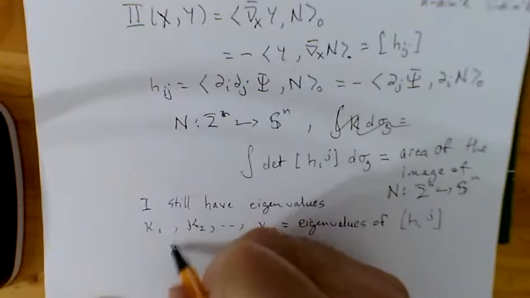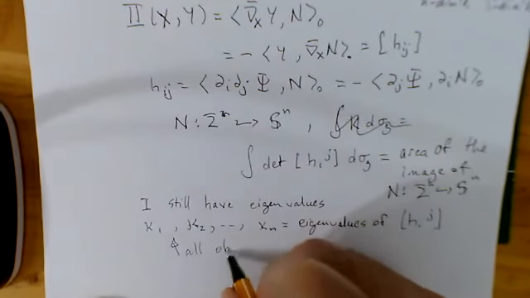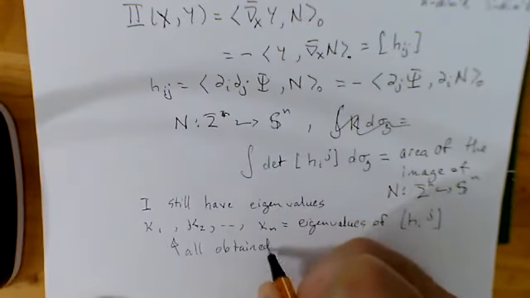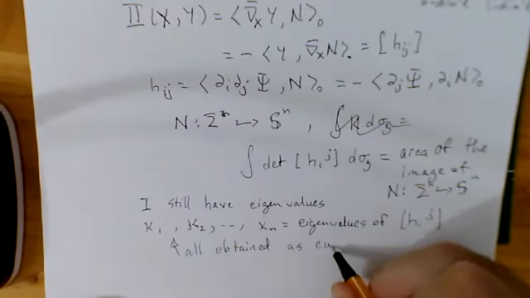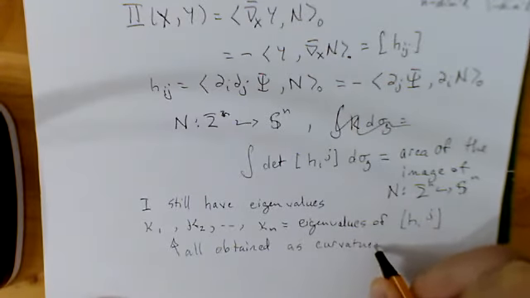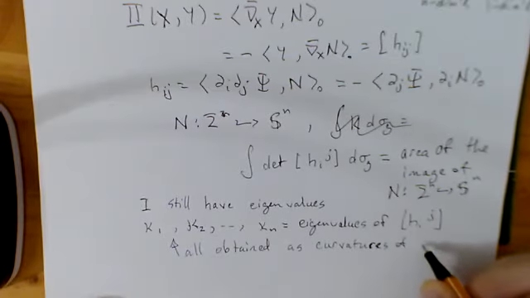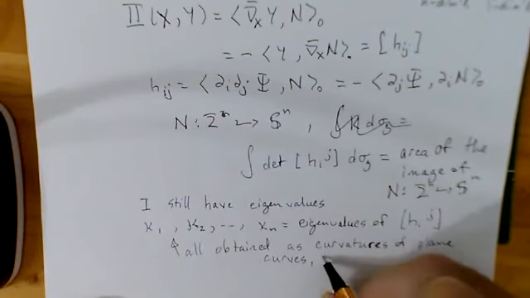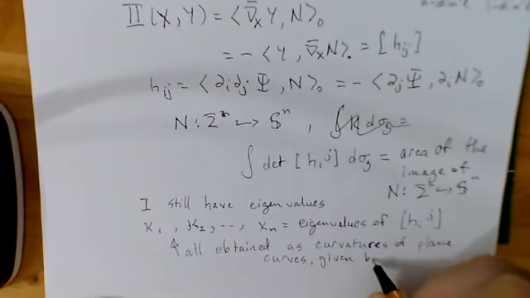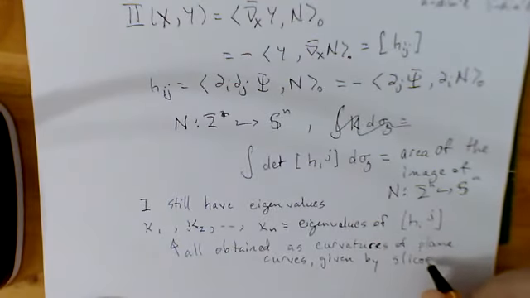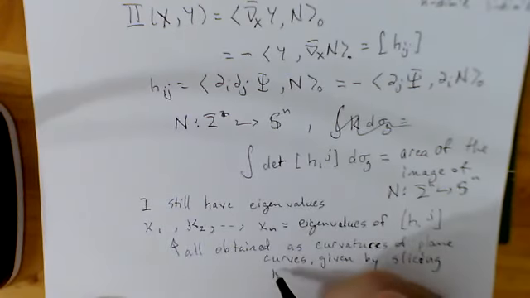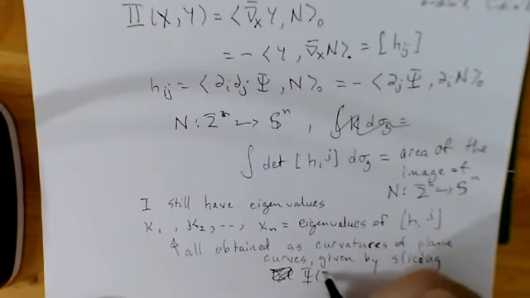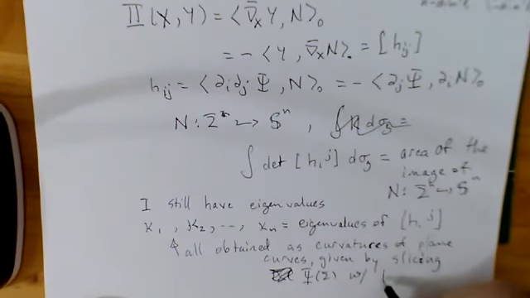So these are all obtained as curvatures of plane curves given by slicing with normal 2-planes.